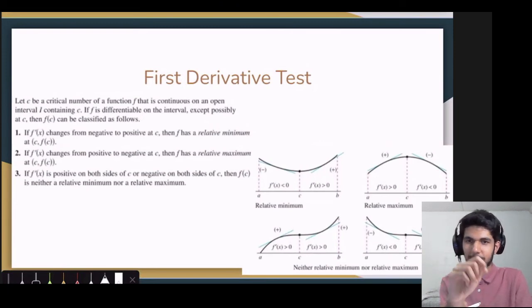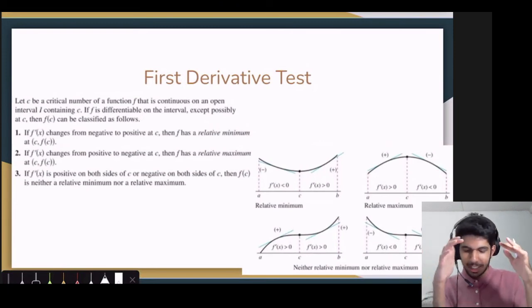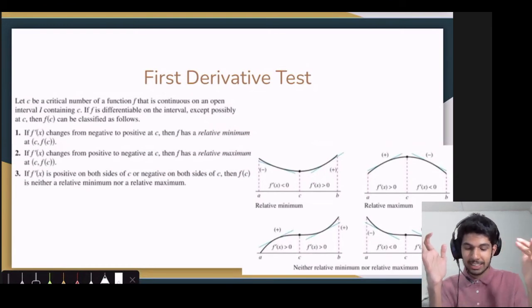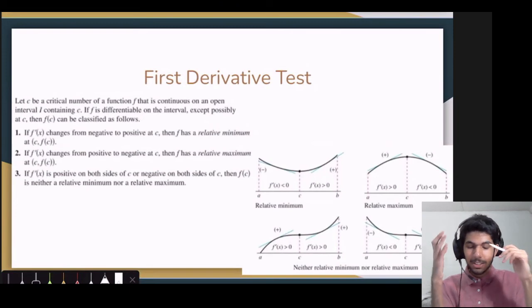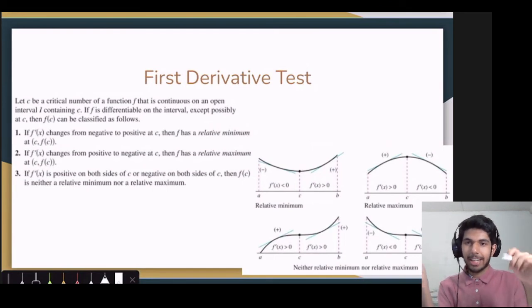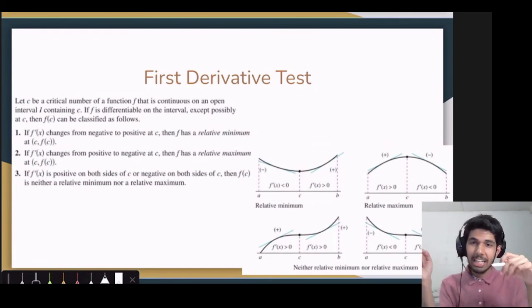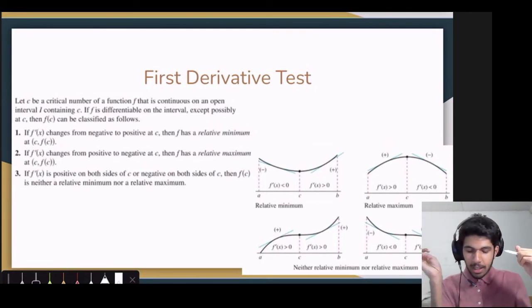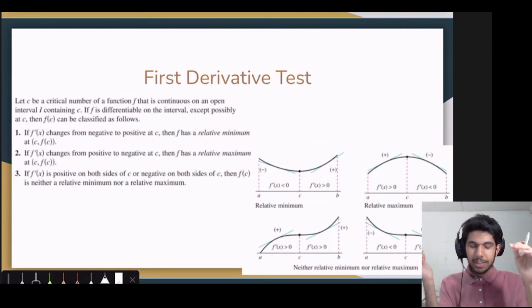It might not be differentiable at c. Then we can classify the function evaluated at c as follows. If the first derivative changes from negative to positive at c, then there's a relative minimum at c. If it goes from positive to negative, then c is a relative max. And if it's positive on both sides of c, or negative on both sides of c, then it's neither a relative min nor a relative max.